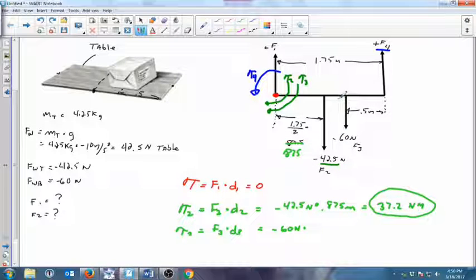It's at right angles. You can see it's right angles right here. So that's good.